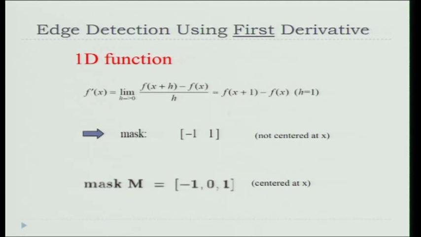Here x is not at the center, x being the point where you will be computing whether it is an edge point or not. To make it x centered, it becomes minus 1 0 1, right, that is your mask. So, these are the different types of edge we have considered.